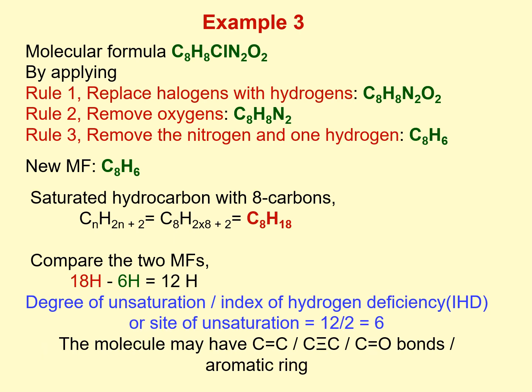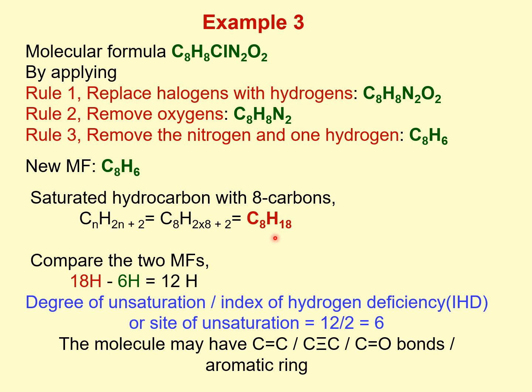Let us see the next example with molecular formula C8H8ClN2O2. By applying all the 3 rules, you will generate the new molecular formula C8H6. The molecular formula of a saturated hydrocarbon which contains 8 carbons is C8H18.